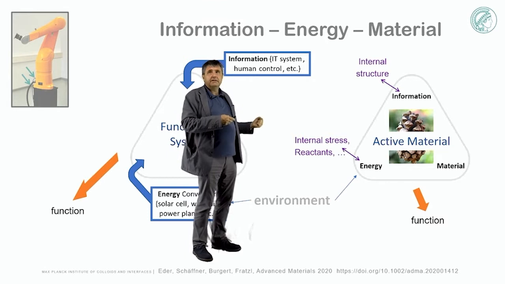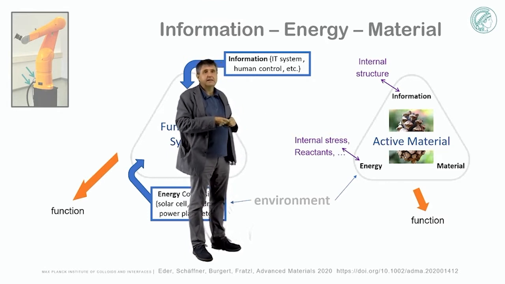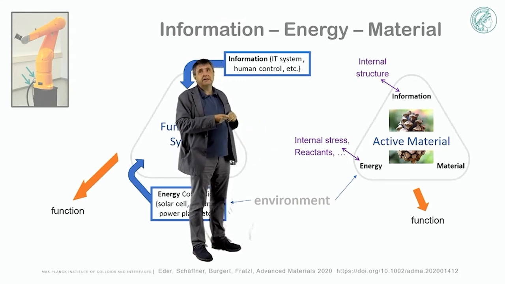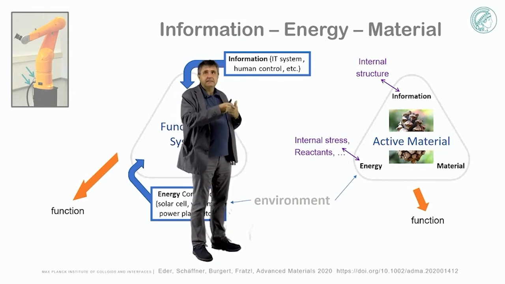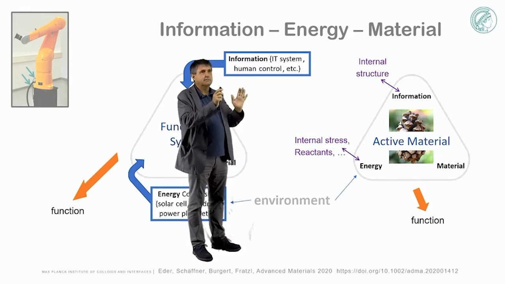For example, in the form of internal stresses. There can also be chemical reactants waiting for a reaction to take place, or the energy can be directly taken from the environment without a cable, from the humidity of the air. So the activity is a combination of materiality, energy, and information in the same object.